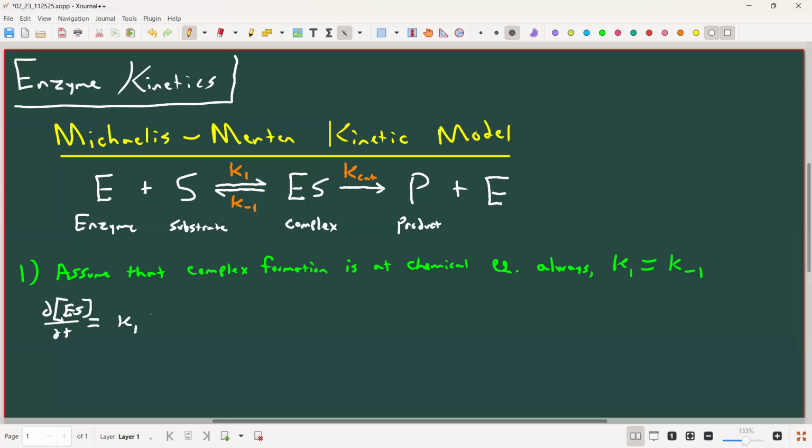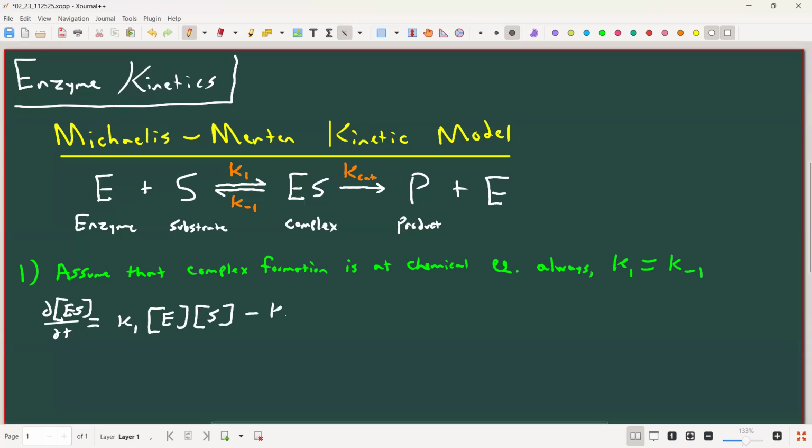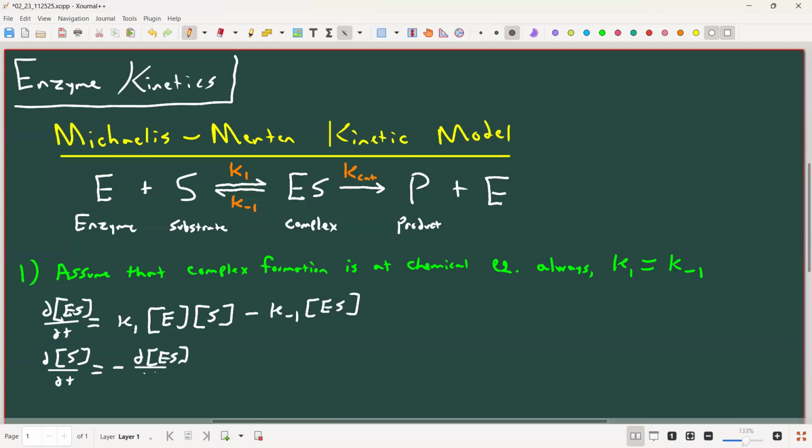All right, so ES forms from K1 with E and S, minus, and we lose some through K minus 1 ES. And the formation of the products is equal to minus... Wait, formation of the product or formation of the substrate?